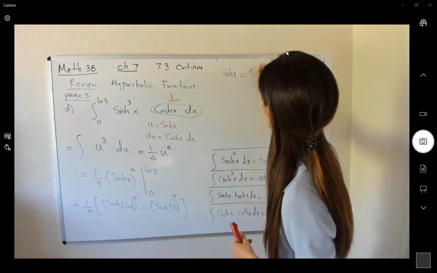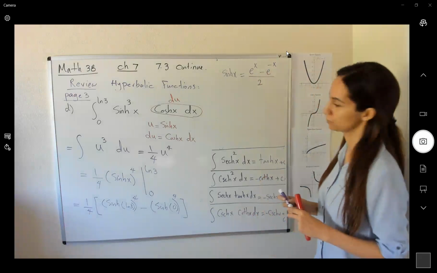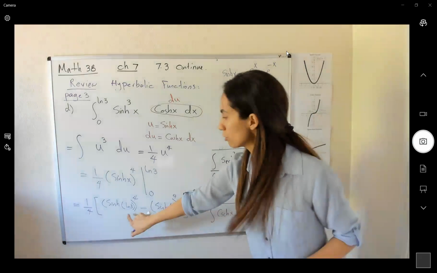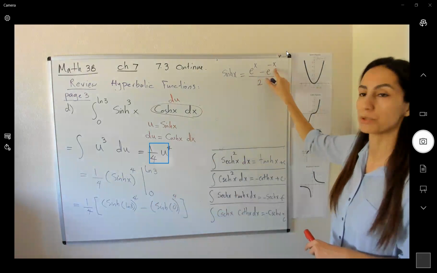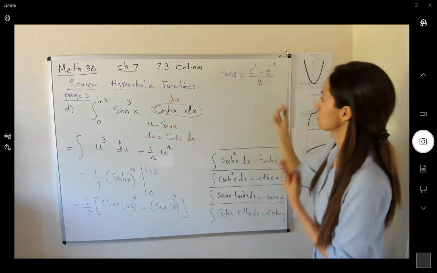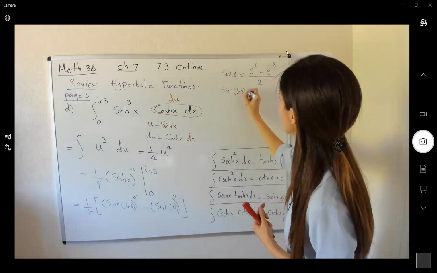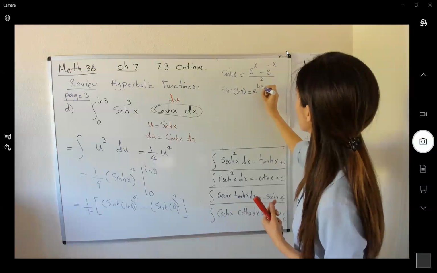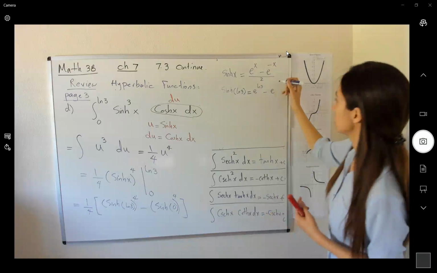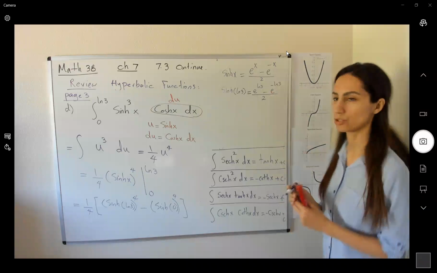Hyperbolic sine is defined as e to the x minus e to minus x, divided by 2. So when x is ln of 3, you're just substituting ln of 3 for x. So sine hyperbolic of ln of 3 is e raised to ln of 3 minus e raised to negative ln of 3, divided by 2.